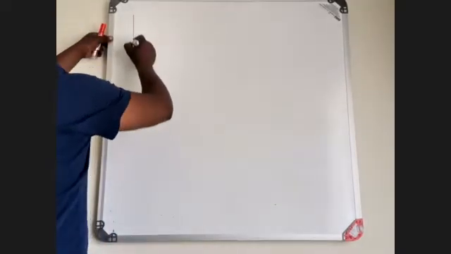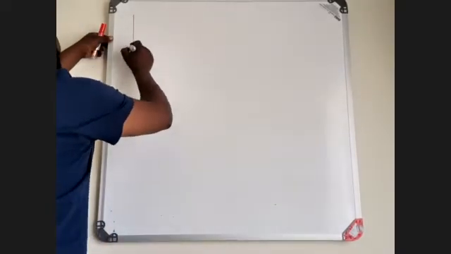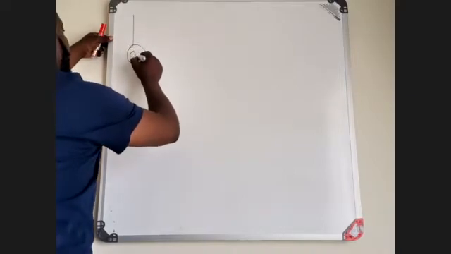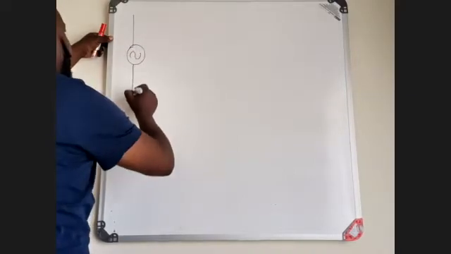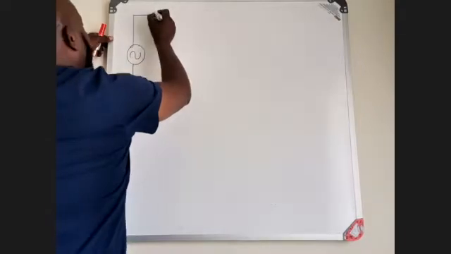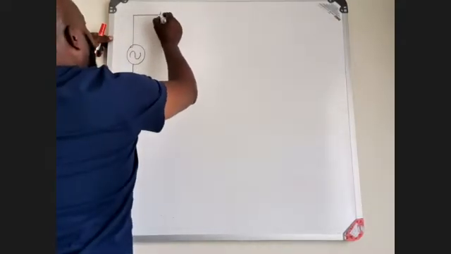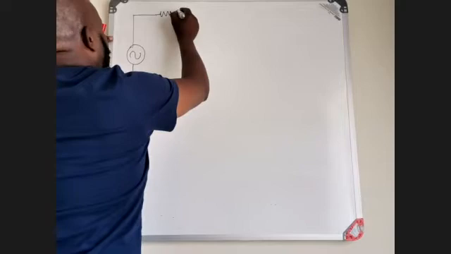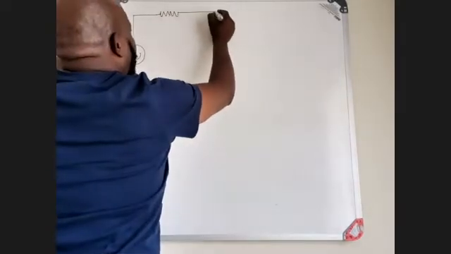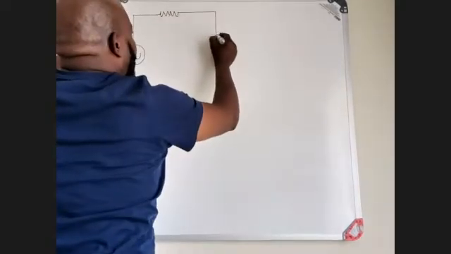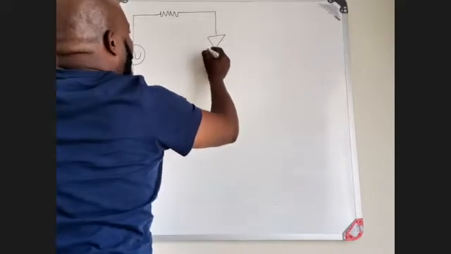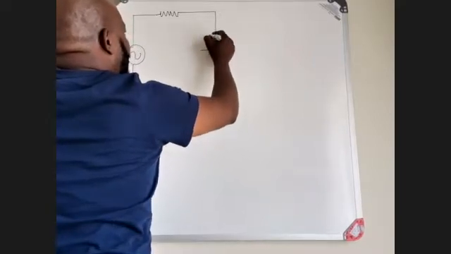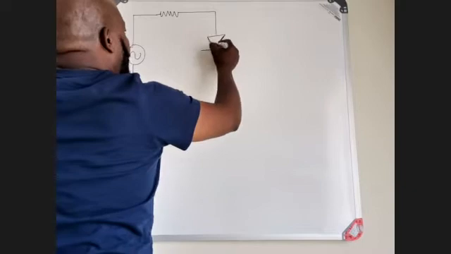Now, with the diode limiter circuit, you will have your circuit connection that will consist of an AC source. Then you will have your resistor, or your limiter resistor. Then you will have the diode, either a germanium or a silicon diode.